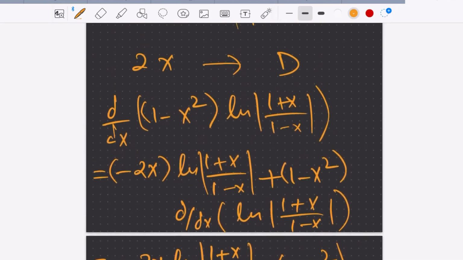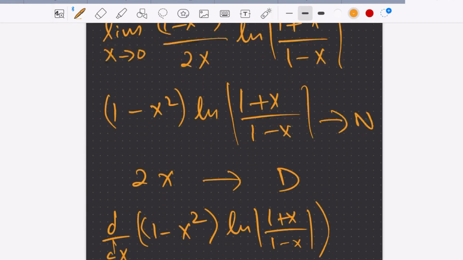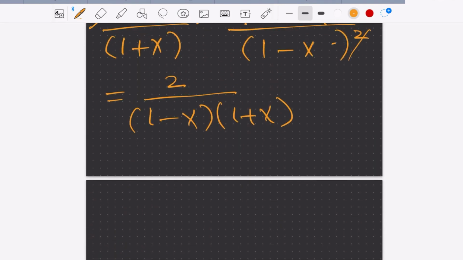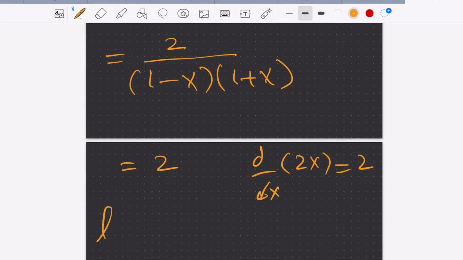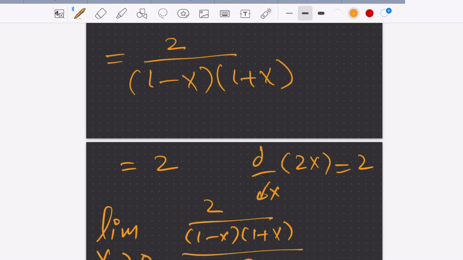And the derivative of the denominator term, 2x, is what? It is 2, because the derivative of 2x is 2. Now my function will become limit x goes to 0 of the derivative of the numerator, 2 over (1 minus x)(1 plus x), over 2.